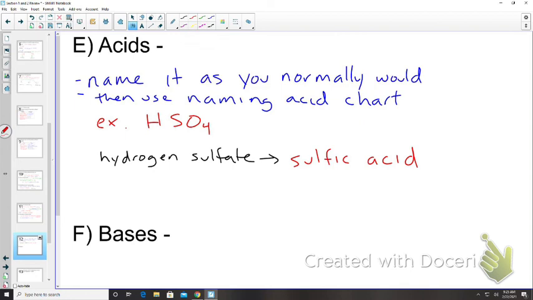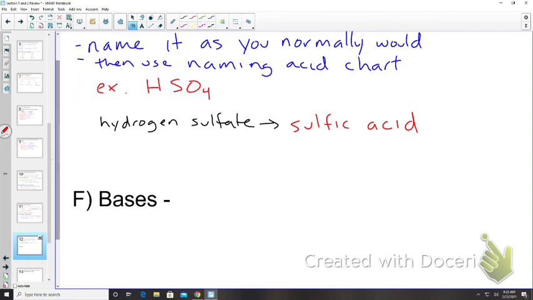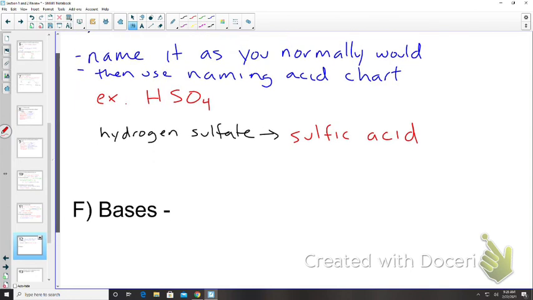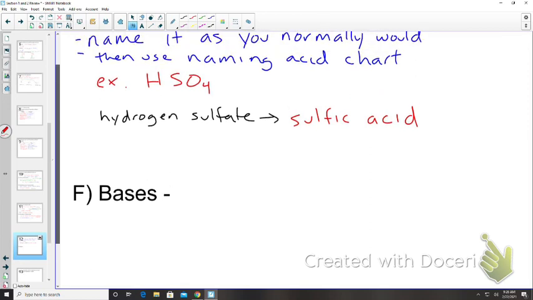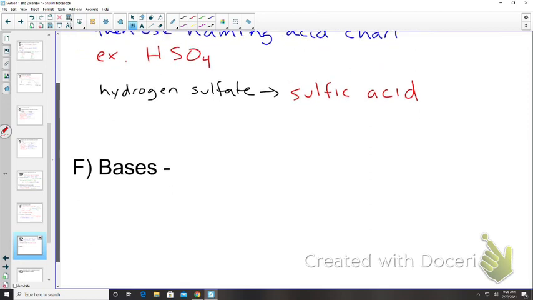Bases are a little bit easier to recognize and name. So just recognize OH. This is hydroxide.